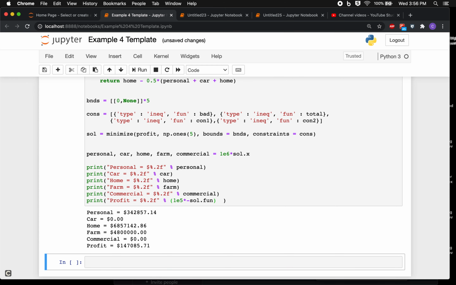And so I get my profit, and let me check the answer, make sure I got it right. Yeah, so I got $147,000. It seems I make no commercial loans. I make a lot of farm loans, a lot of home loans, no car loans, and a bunch of personal loans. So that would be the solution for this problem.